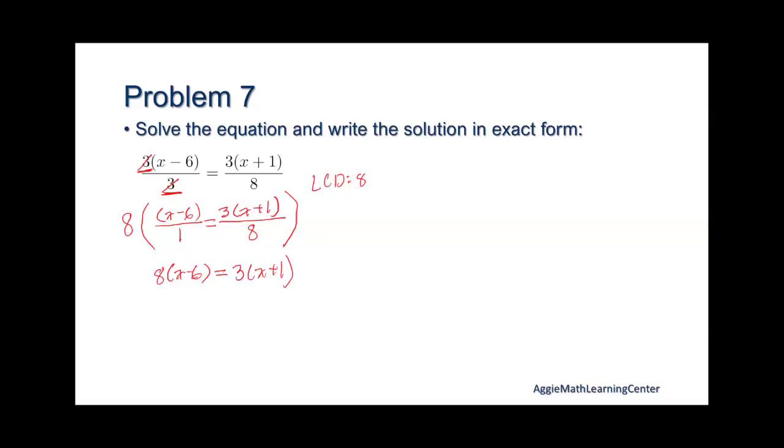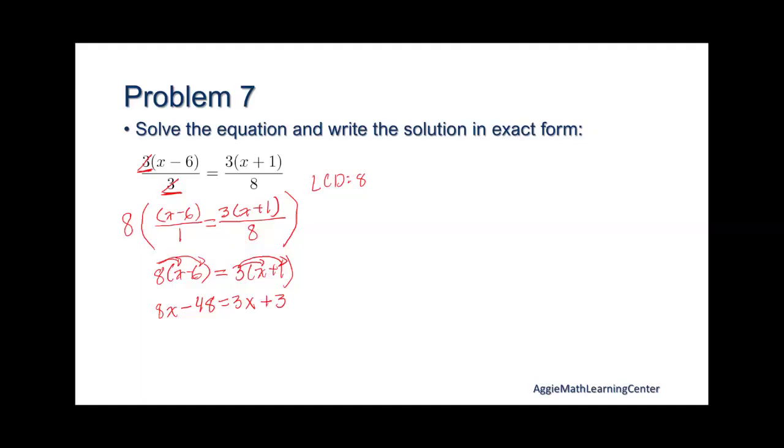We've got to multiply the 8 and multiply the 3. We're going to distribute. Yes. That is exactly what you just explained, which is we're just going to distribute. So 8 times x is 8x. 8 times a negative 6 is a negative 48. 3 times x is 3x. And 3 times 1 is 3.